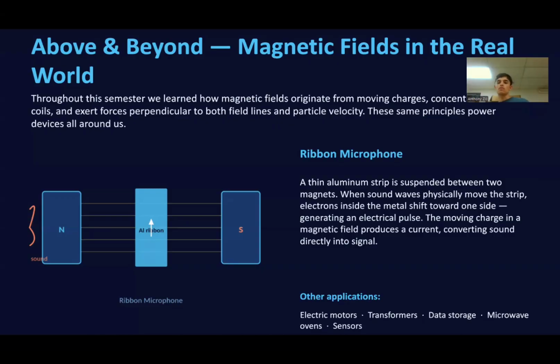When you speak and sound waves physically hit the strip, it moves. As it moves slightly towards a magnet, the electrons inside the aluminum strip shift towards one side, and it generates an electric pulse. Then this electric pulse can be measured and redirected, basically converting sound directly into signal.